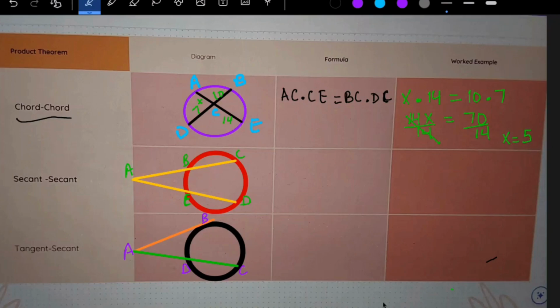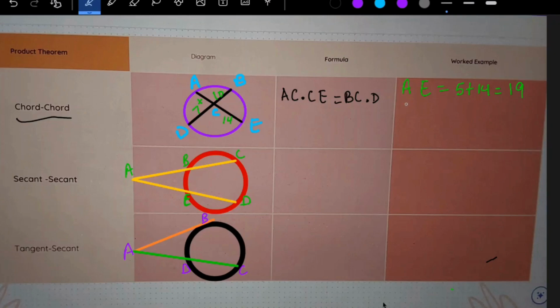Alright, we can go a step further and find the total length of each one. So let me just erase what I have here, and let's say we need to find the length of each chord. So for AE, that will be equal to 5, which we found, plus 14, and that's 19.